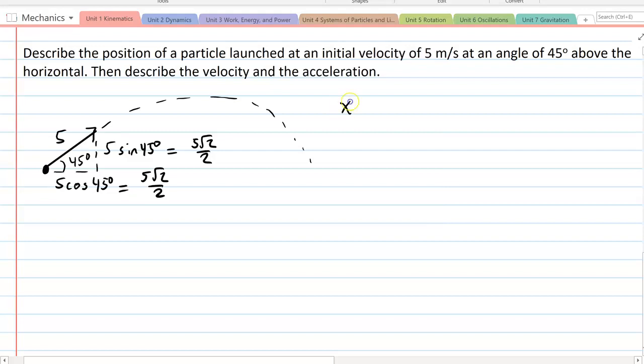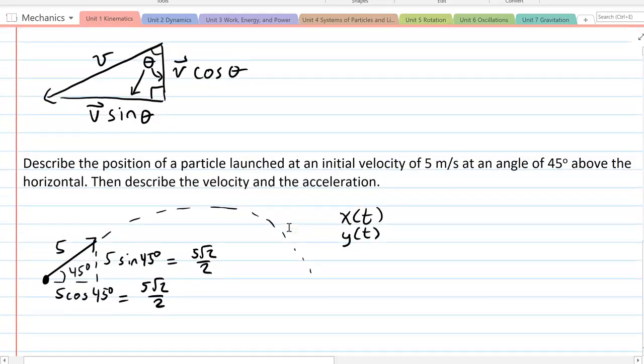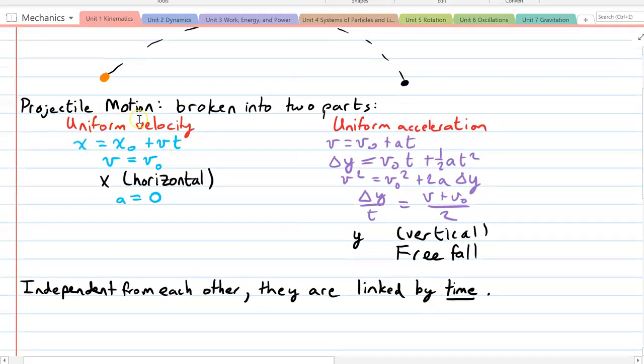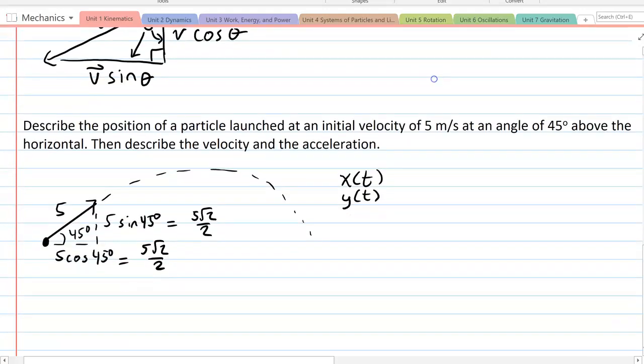Now we want to describe them using a position. So position function, I'm going to do this as the x version and this as the y version. So remember that the position, using the horizontal, let me scroll up here. Using the uniform velocity equation, the position is described as its initial position plus velocity times time, right? So that's exactly how we're going to describe it.